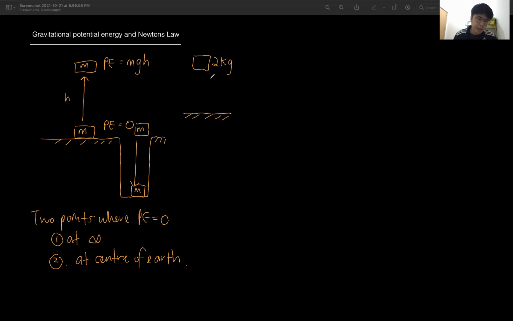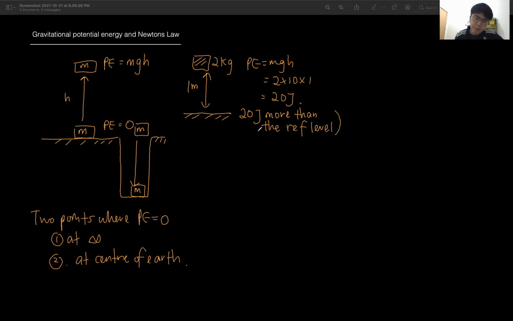If I calculate the gravitational potential energy, PE = mgh, 2 times 10 times 1, 20 joule. Here, I will say that the potential energy of the object is 20 joule more than the reference level, which is the ground.